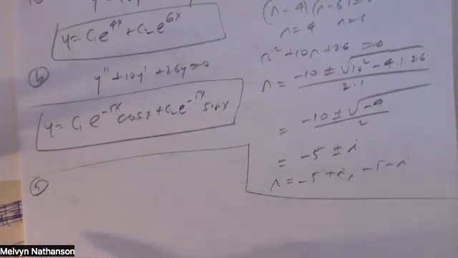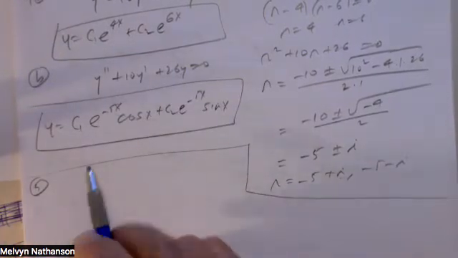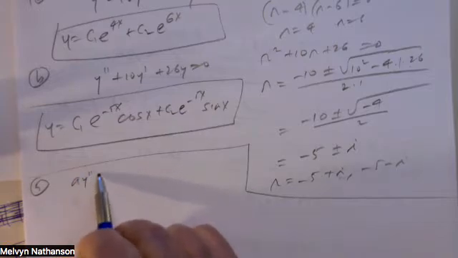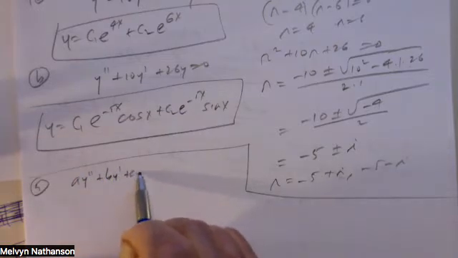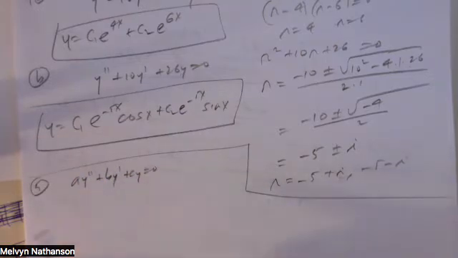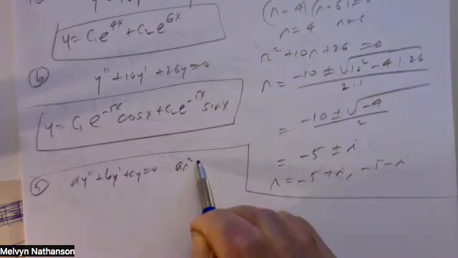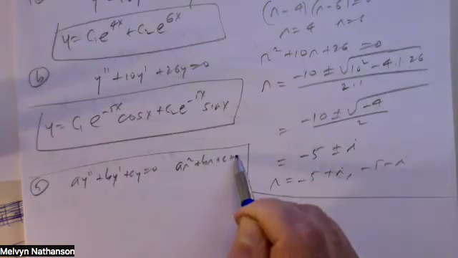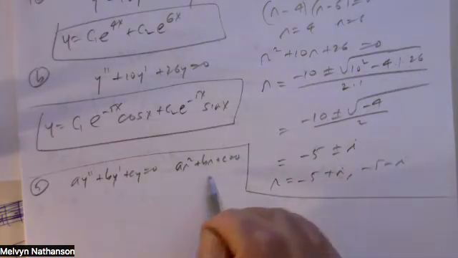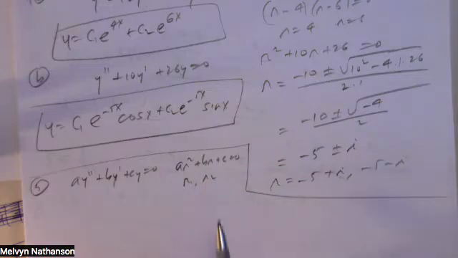Let's look at question 5. We have a differential equation, a y double prime plus b y prime plus c y equals 0, where a, b, and c are constants. And we know always what the solutions of this equation are. You look at the quadratic a r squared plus b r plus c equals 0, and this will have two roots, r1 and r2.